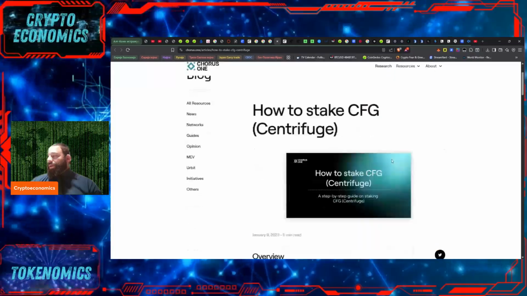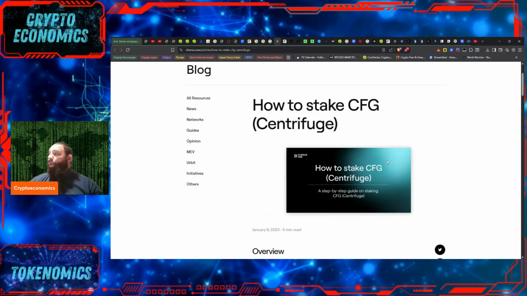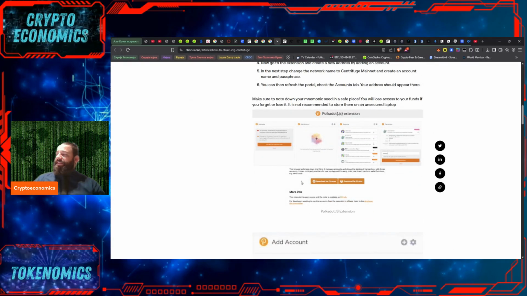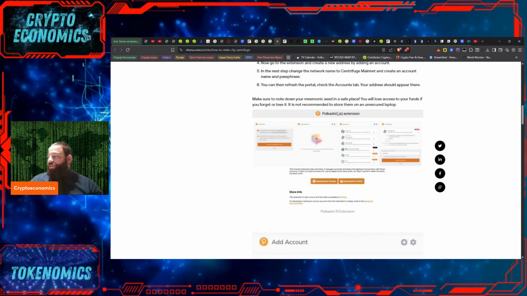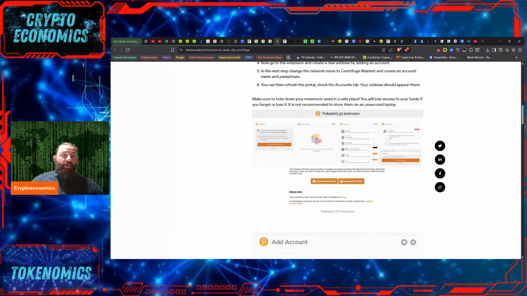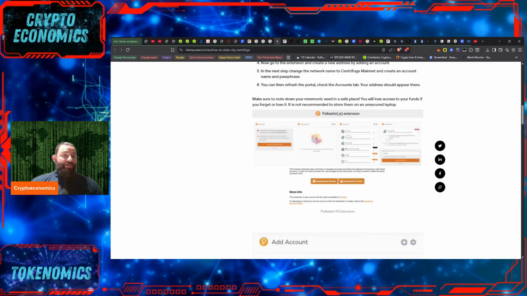When we're talking about staking CFG, Centrifuge coins, you can only do it with your Polkadot.js extension. This is the extension where people were investing or locking their Polkadot project tokens to get a reward in Centrifuge. On the same portal, you can stake your Centrifuge coins.